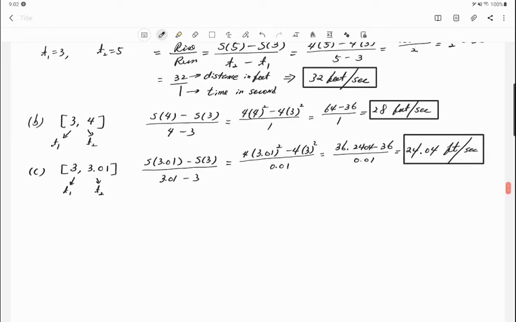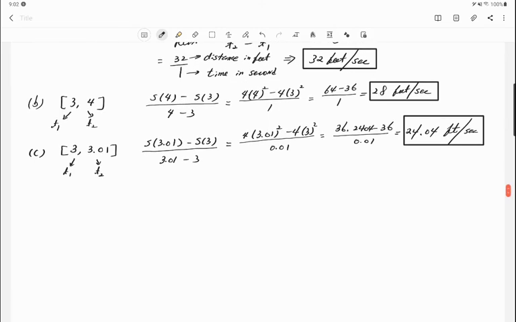So if the time interval is very, very short, then it's the instantaneous speed, right? Because if T2 is 3.00000001, then it's almost the speed at 3 seconds, right? At 3 seconds. Can you see it?